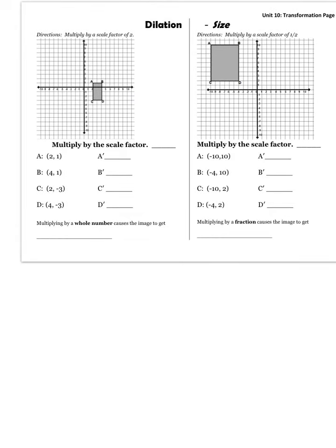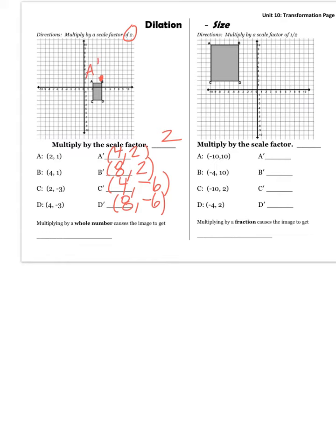Alright, a couple more examples. So the scale factor here is 2. So just multiply your ordered pairs by 2. 2 times 2 is 4. 1 times 2 is 2. 8, 2, 4, -6, and 8, -6. Okay, so 4 and 2, it's A prime.